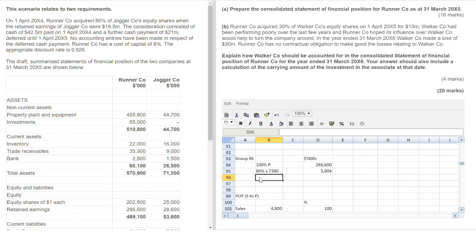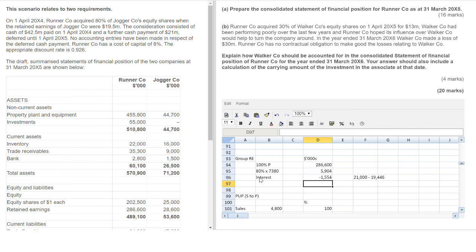So within our group retained earnings, there's going to be some interest, and that interest is the 21,000 subtracting the present value of 19,446. So that interest that we have to charge goes to profit or loss, it goes to the group retained earnings.